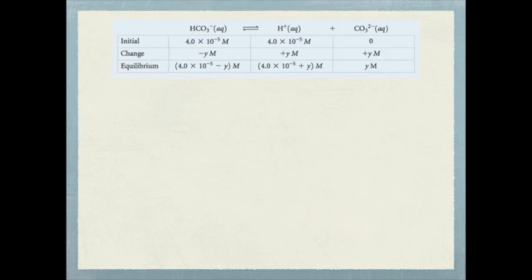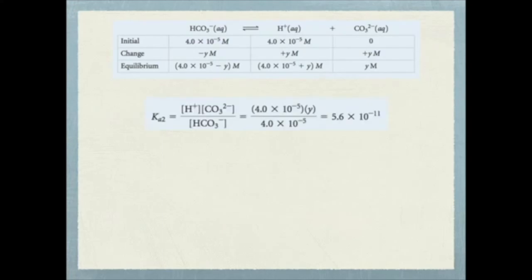Now I can write my equilibrium expression and use my Ka2 now, because this is the second dissociation. And with that, one big thing that I can do, because based on the rule of 100, I can ignore whenever I add or subtract that variable.